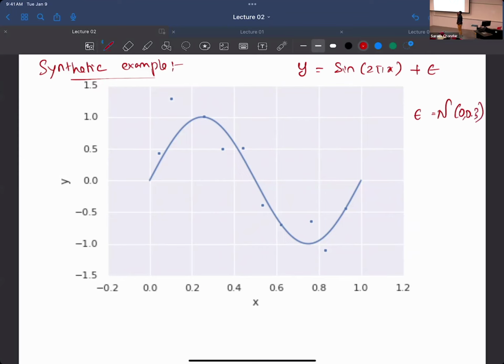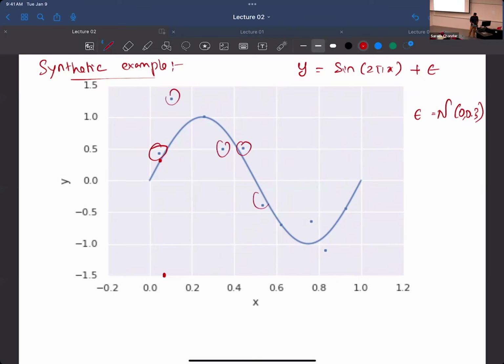The exact details don't matter. What matters is I took a sine wave, sine 2 pi x, and added some Gaussian noise to it. So given this particular x, the output of the sine function is going to be this, but because I added some noise, instead the output is this. As you can see, there is a little bit of noise everywhere.